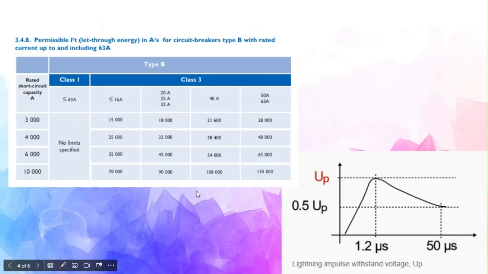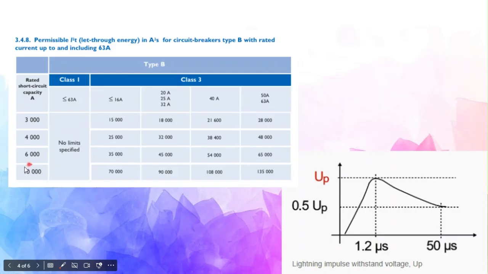This is what I told that I'll tell: let-through energy. So this is the chart from BS EN standard 60898, which says that on the left side, look at this, left side is 3 kiloampere short circuit capacity and 10 kiloampere short circuit capacity.